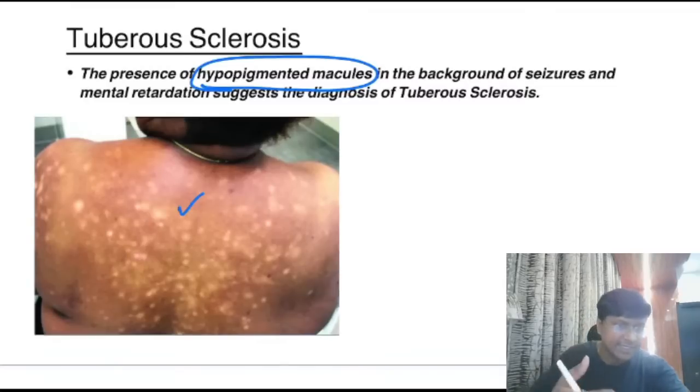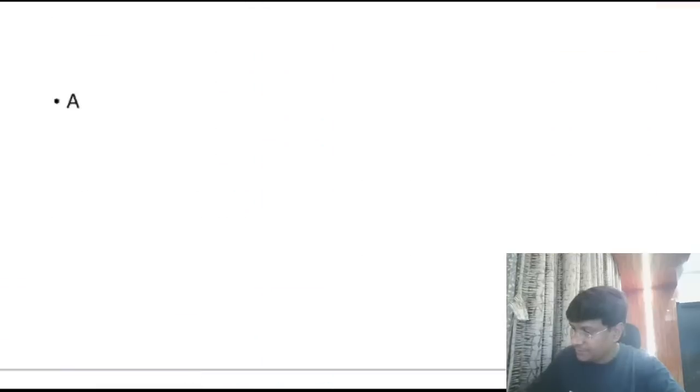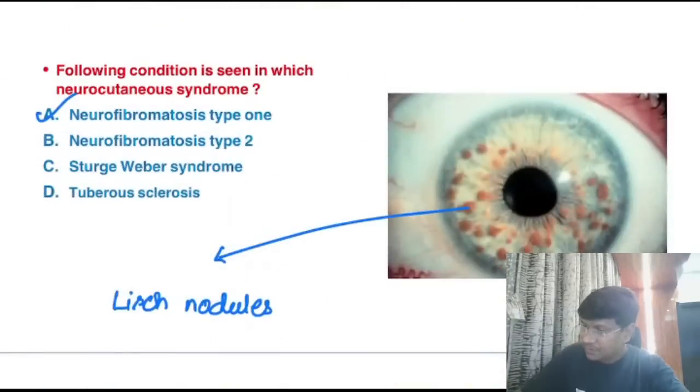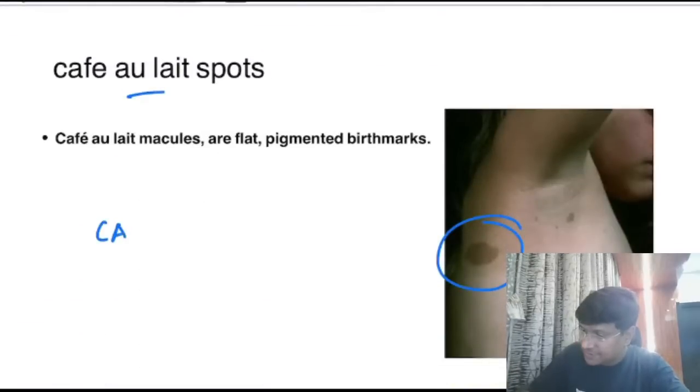Okay, right. Yes, Amulya, you are asking me the mnemonic for remembering the criteria of neurofibromatosis type 1. The mnemonic for neurofibromatosis type 1 is CAFE SPOT. Because you are having these café-au-lait spots, just remember CAFE SPOT. What is this CAFE SPOT?